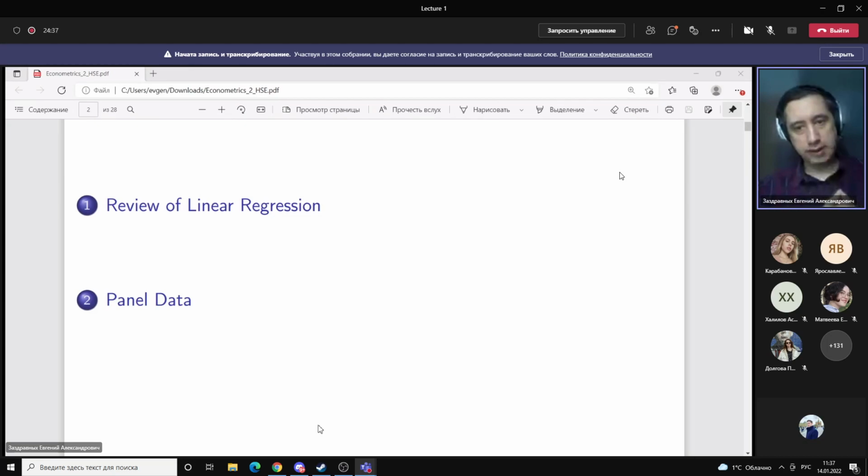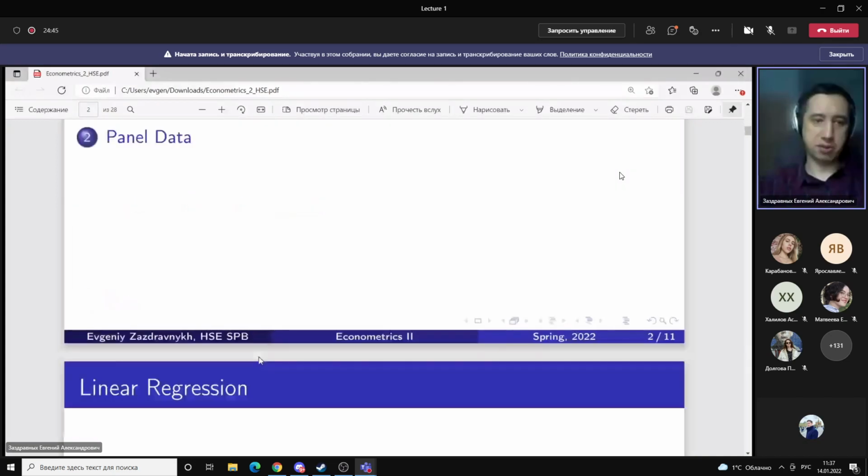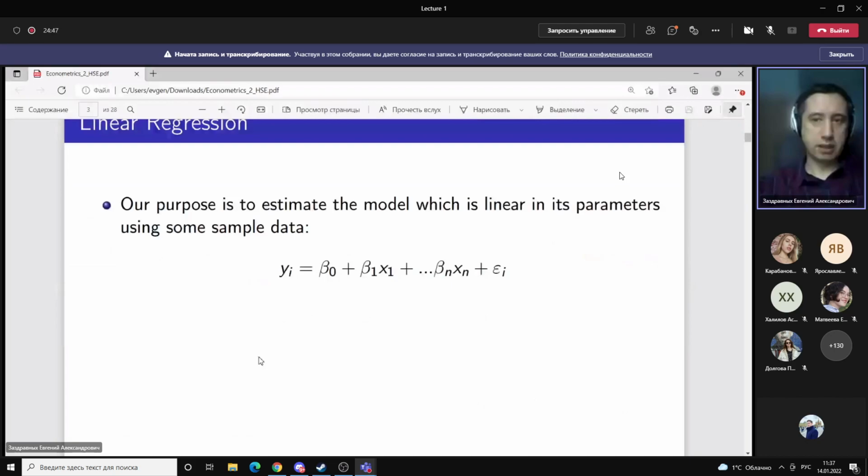And you know that in a linear regression model we have a lot of assumptions. Today we have to review some assumptions from your textbook, but let me start with the very beginning.